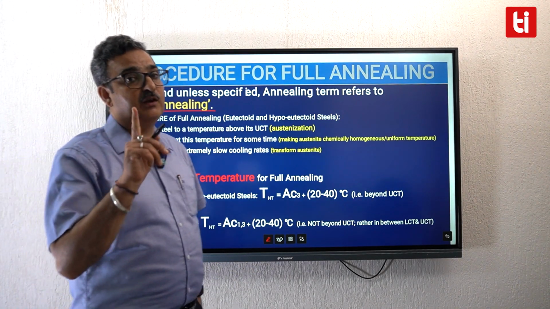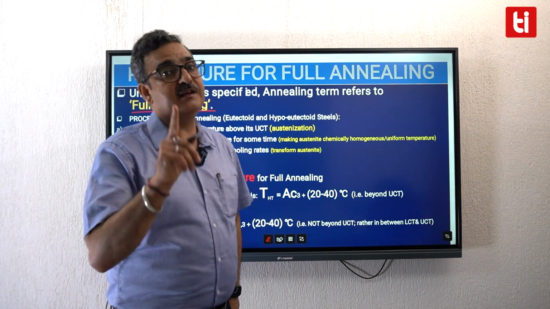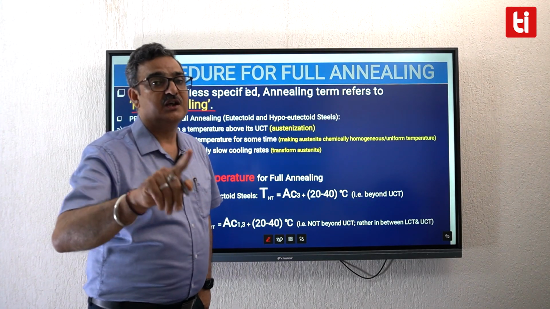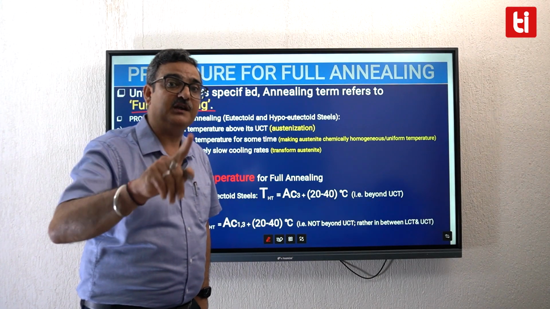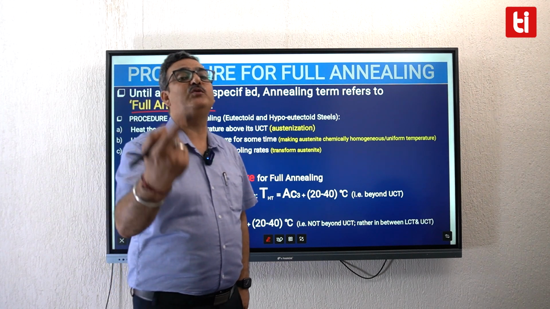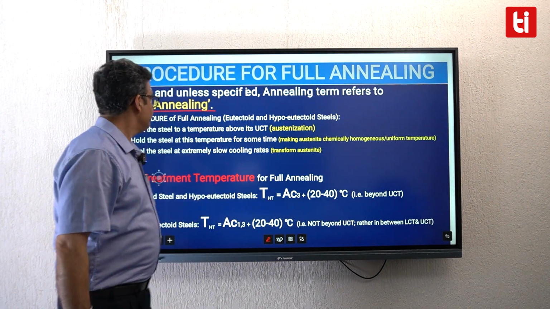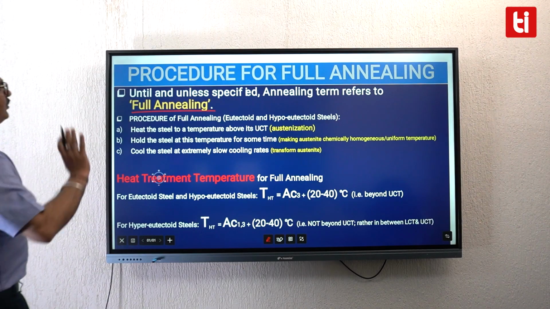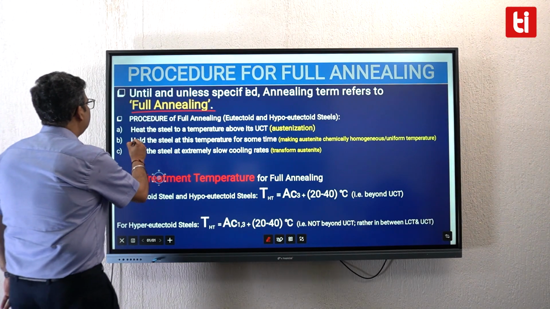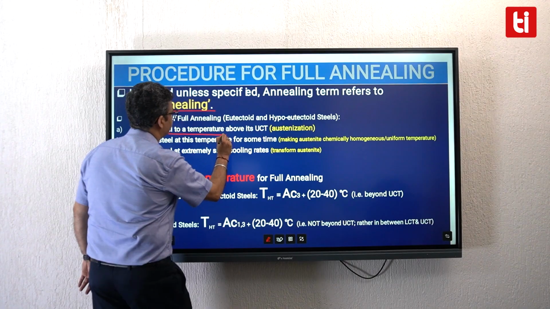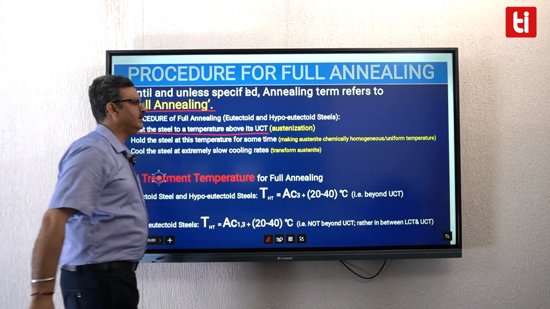Now let's see the procedure for full annealing. Remember, full annealing will only be given to either a eutectoid steel or hypoeutectoid steels. You should avoid giving full annealing treatment to hypereutectoid steels. Why? We'll discuss that in a while. So what's the procedure? We take the steel at room temperature and start heating it to a temperature above its upper critical temperature.